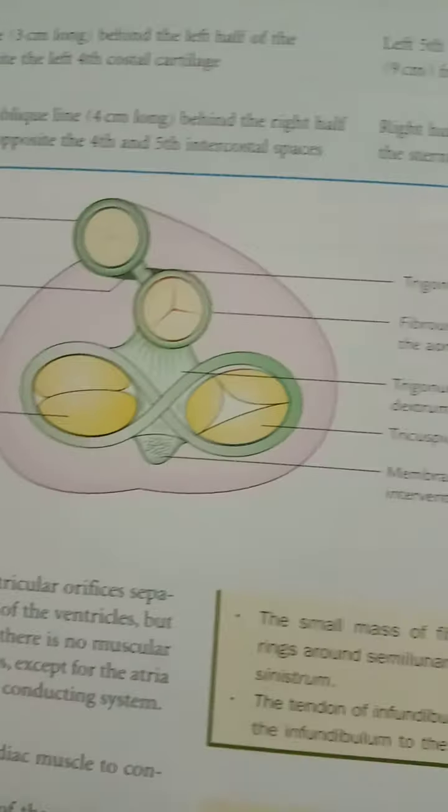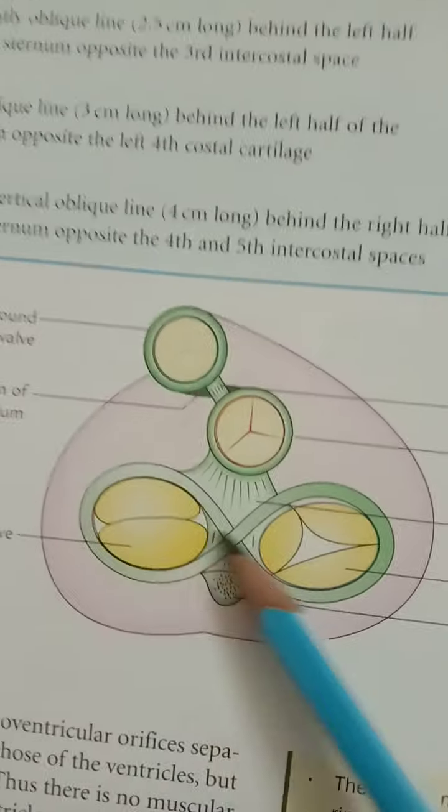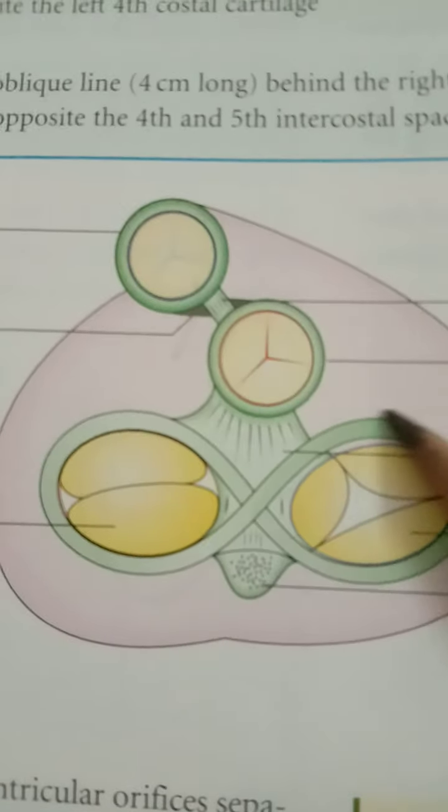In another diagram we can see this is the tricuspid valve and this is the bicuspid valve. That is the atrioventricular fibrous ring.